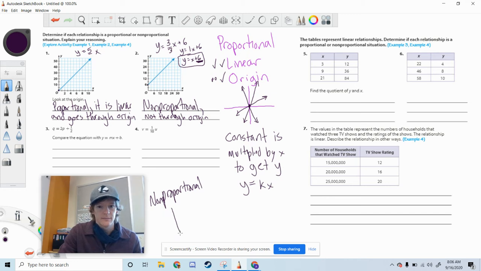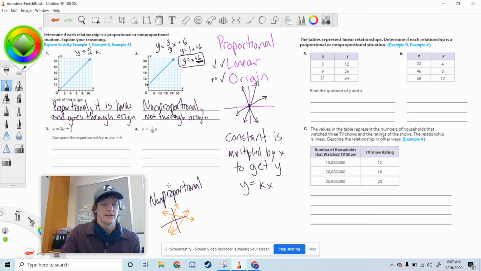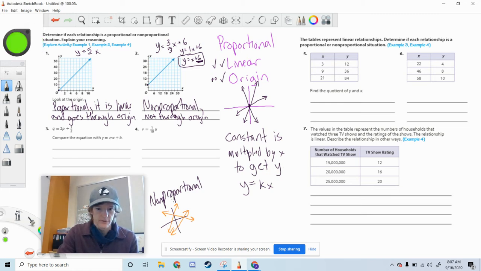Non-proportional would go through, let's see, at a different point, they would go maybe through up here, or maybe down here. Just as long as these aren't going through the origin. They are normally straight lines, if we're talking about them in this chapter, but it's also possible that we have a line that goes through the origin, but is not a straight line.